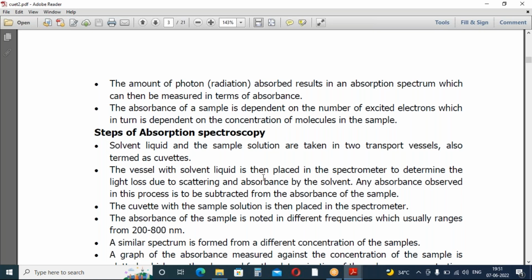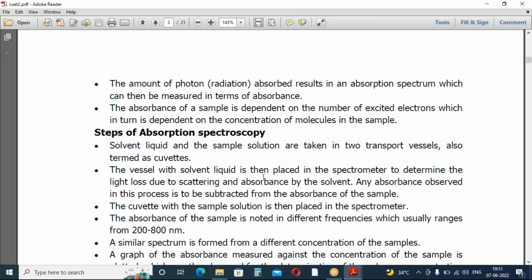And what are the steps of absorption spectroscopy? First of all, this is similar to the colorimetric technique. I think mostly the biochemistry practicals are based on colorimetry, for the quantification of proteins and nucleic acids, to find how much concentration of nucleic acids and proteins is present in the mixture. Like that, spectrometry is similar to colorimetry and is also based on Beer-Lambert's law.